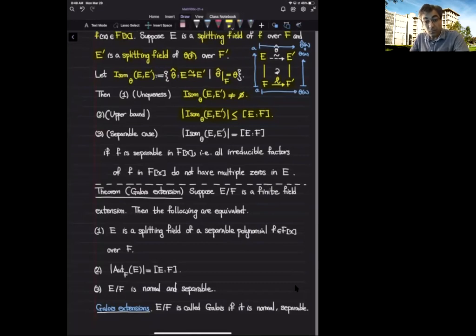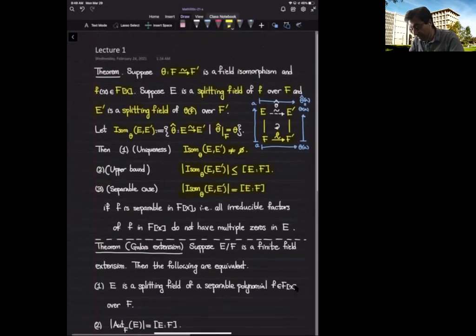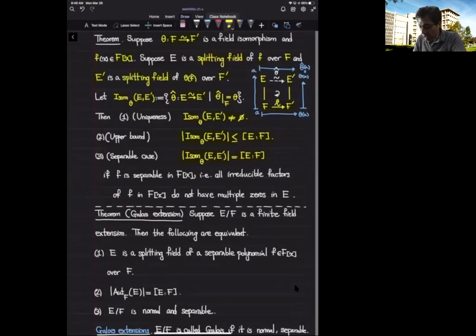Moreover, when the polynomial f is separable, in the separable case, equality holds. And this was the key result that helped us to understand normal separable extensions. When my polynomial small f is a separable polynomial, that means all irreducible factors of this polynomial do not have multiple zeros in their splitting fields, and therefore do not have multiple zeros in E. In that case, we say this polynomial f is separable.